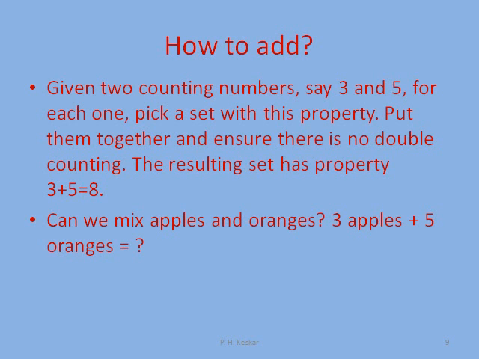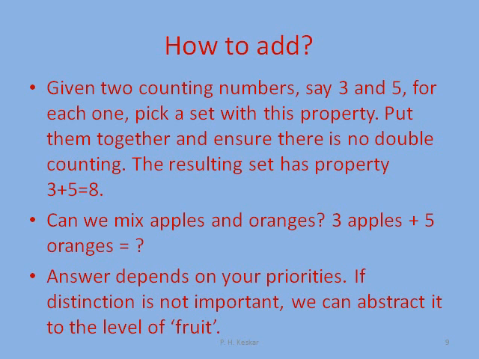So suppose you take 3 apples and 5 oranges, can you mix them together and will it be 8 of something? Well, for that you have to add one more abstraction and bring them to the same level. So instead of apples or oranges, you count fruits, which is a higher level of abstraction.